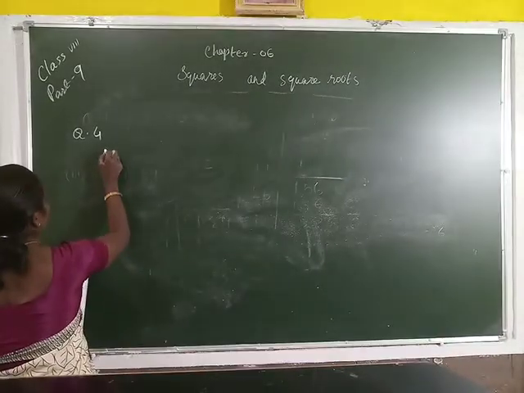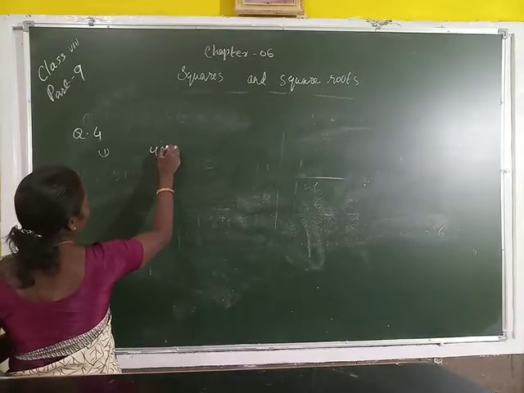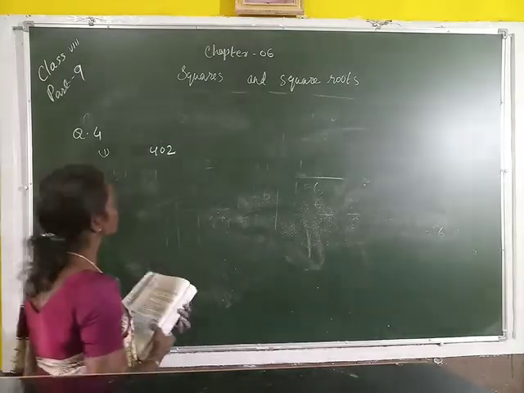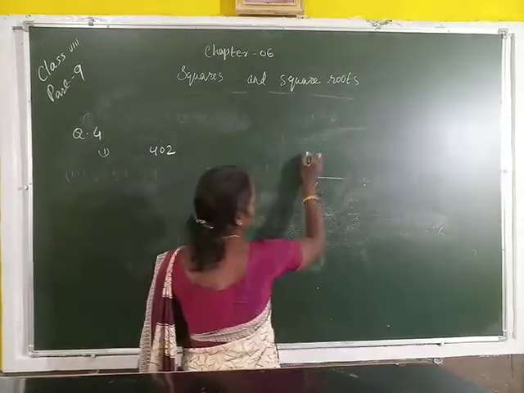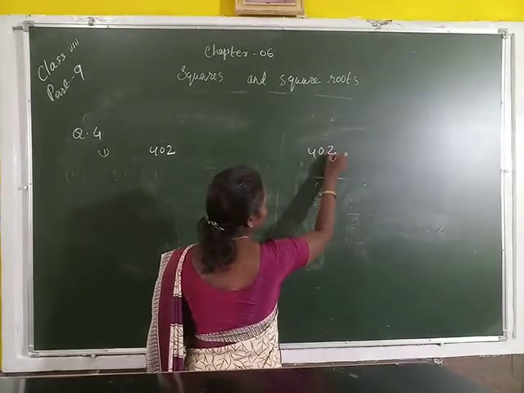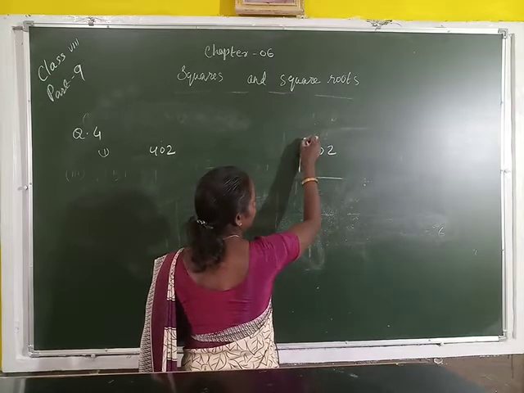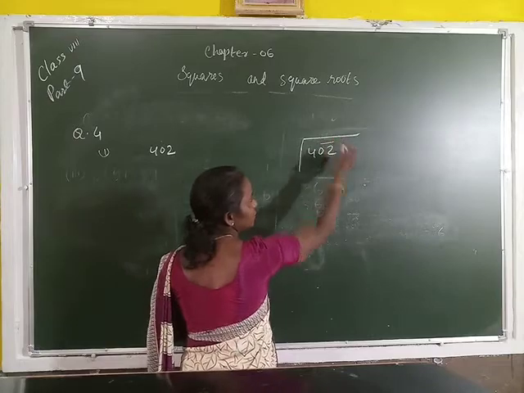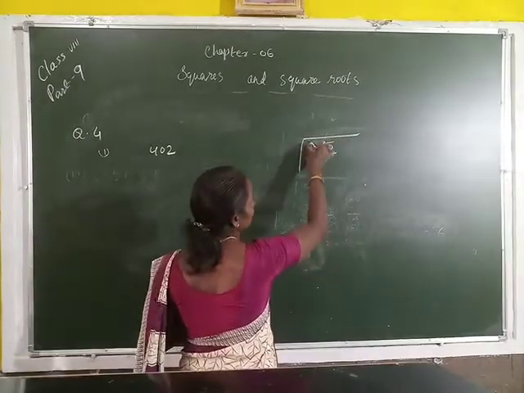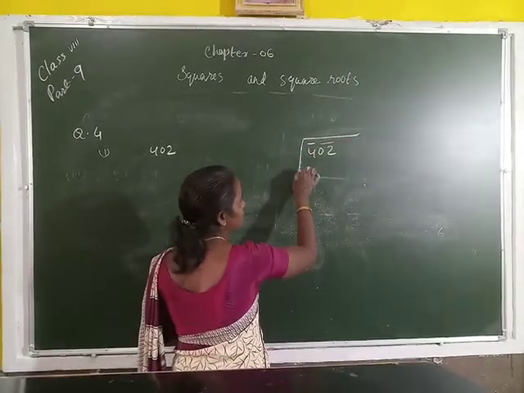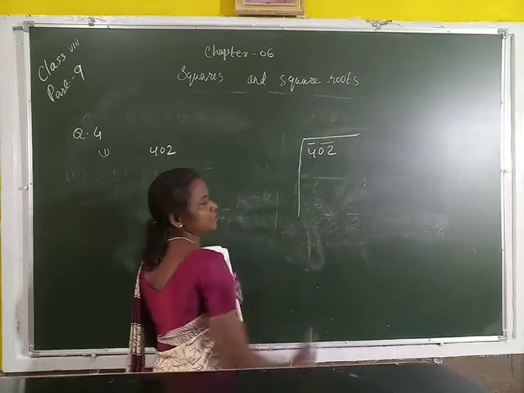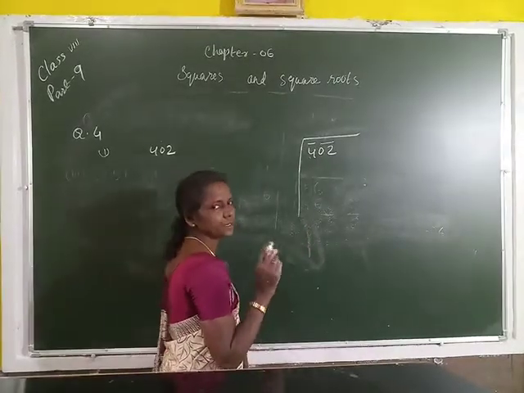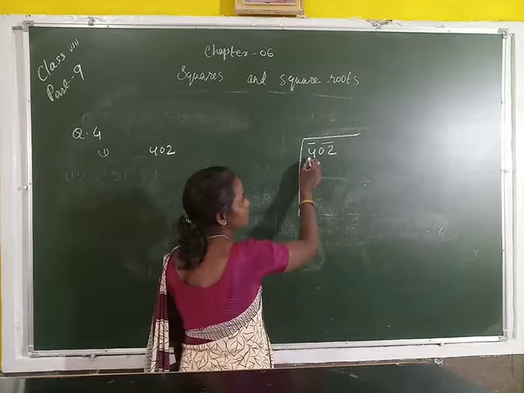402. First 400. Here also we can use the division method. 402. First put a bar. Now look, the first bar contains how many digits? Only one digit. This is 4.